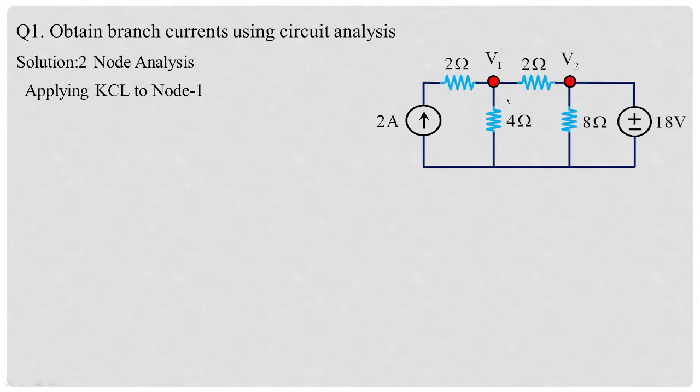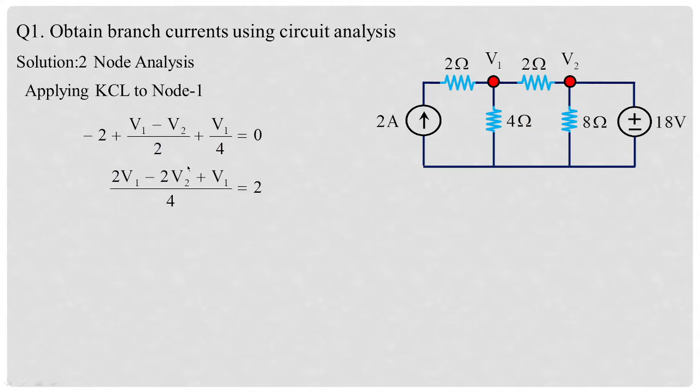So just apply the KCL at node 1, that is the algebraic sum of currents at particular node is equal to 0, or at particular node the input current is equal to the output current. So here you can see minus 2 amperes, it is coming towards node 1, and I'm treating node 1 to be at higher potential, and the current which is coming towards it I'm treating as negative, and the current which goes away from it, like (V1 minus V2) by 2, it is the outgoing current, plus V1 by 4, it is also an outgoing current.